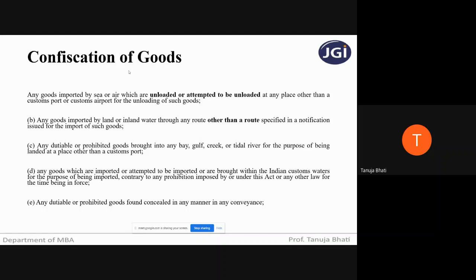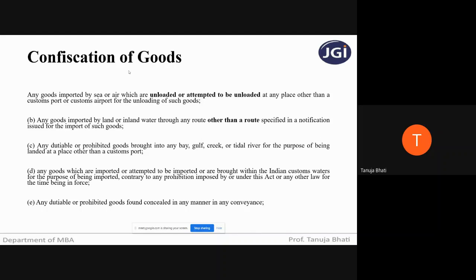And there are different other reasons for which the goods can be liable for confiscation by the customs authorities. Last, just one thing you will have to remember is any notified goods in relation to the provisions of the Customs Act.